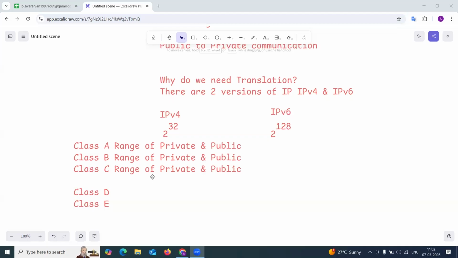If we start assigning a single public IP to each and every user, it won't fulfill the requirement. So we came up with a temporary solution called translation to fulfill the requirement. Because in one organization, if I have 100 users, I might take 2 public IPs to fulfill the requirement. One public IP can give access to 500 users also, but that's not the requirement.